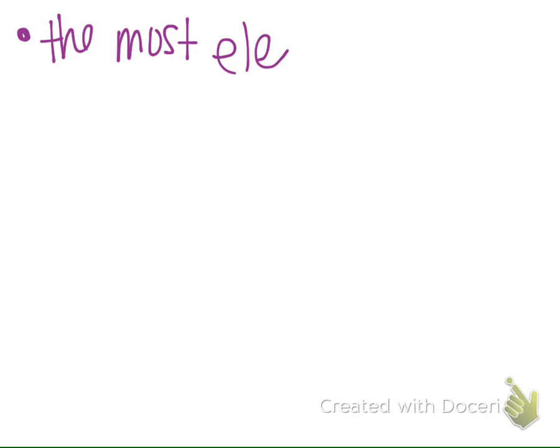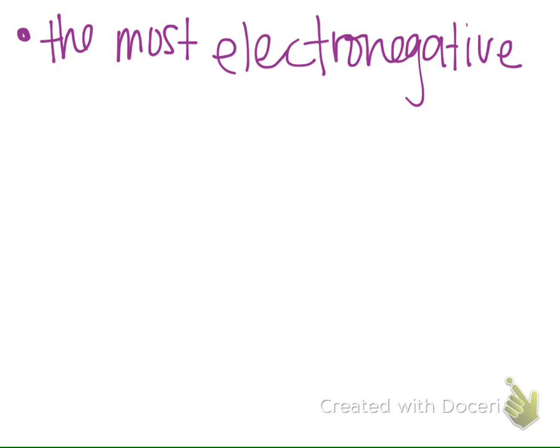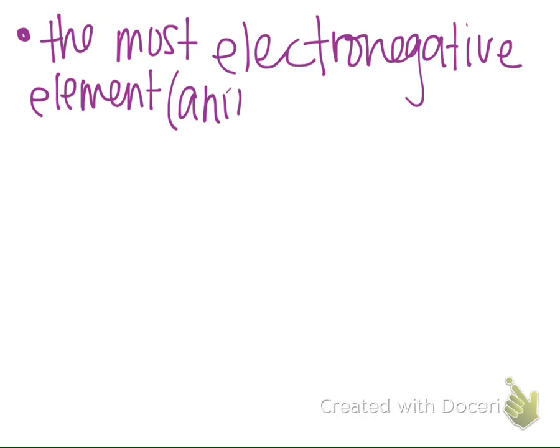Our next rule is that the most electronegative element, which will always be an anion, gets to keep its charge.